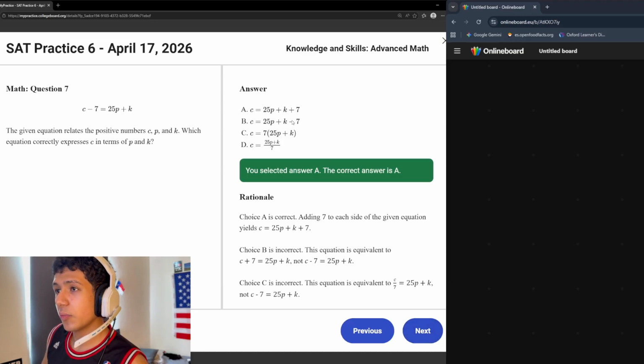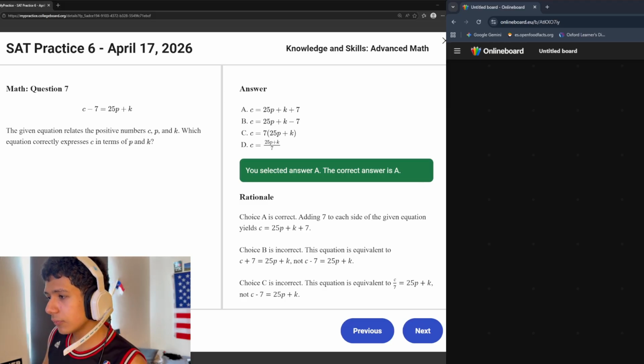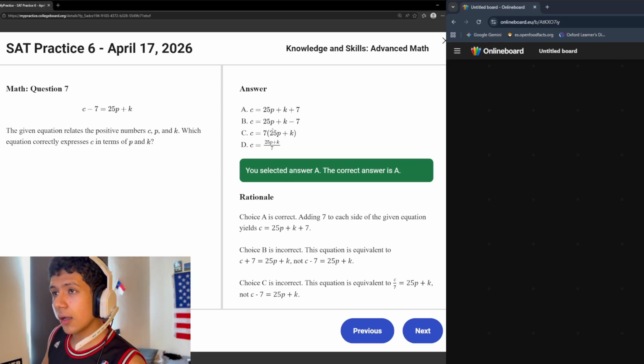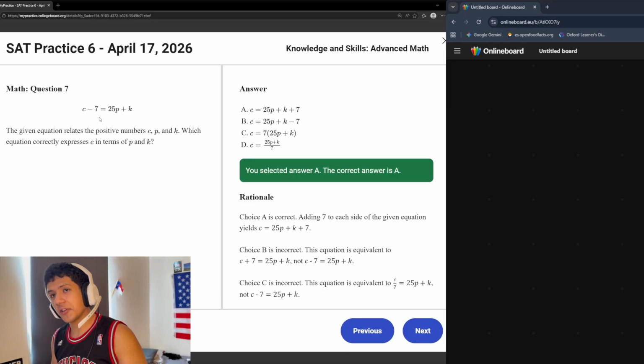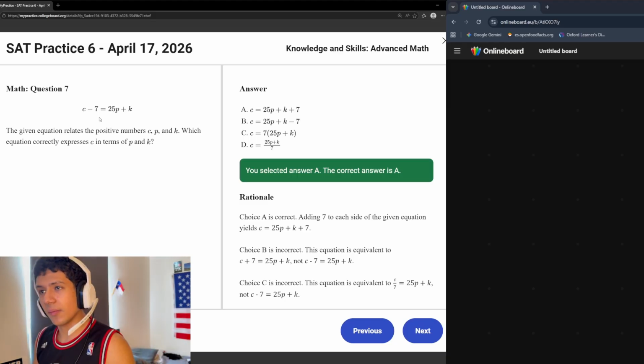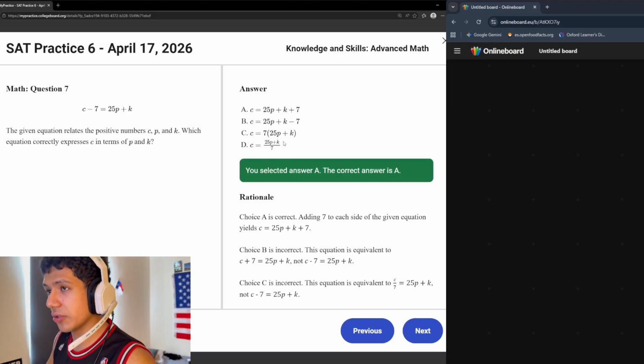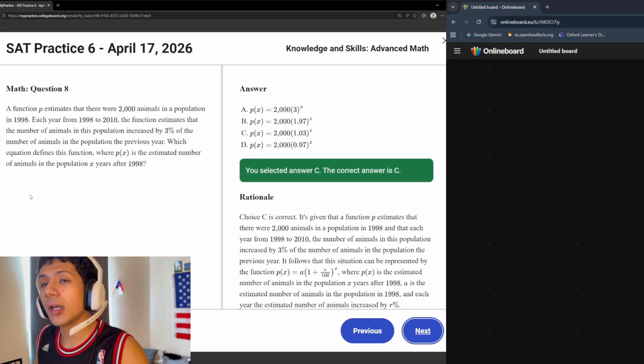So this one is subtracting it, so you have to do the opposite operation in order to send it to the other side. Over here, the c is multiplying times 7, it's multiplying times the number. Again, the opposite of subtraction is addition. It's not multiplication or division like option D. So option A is the only correct option.